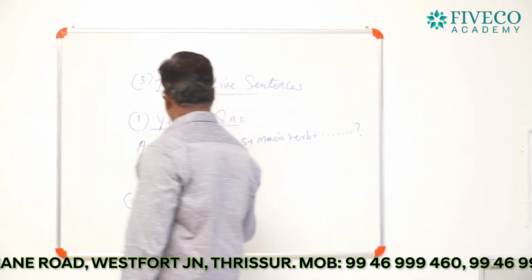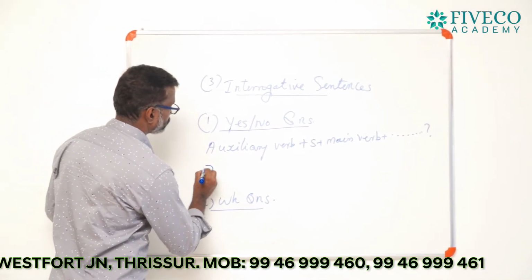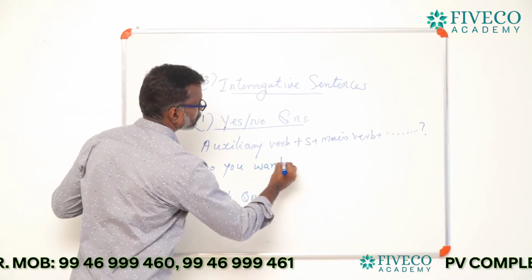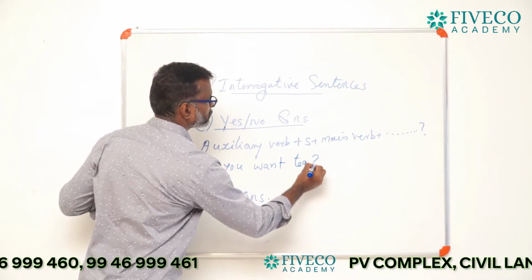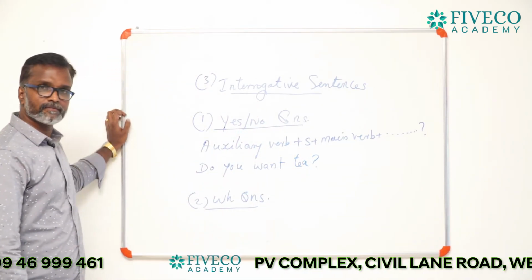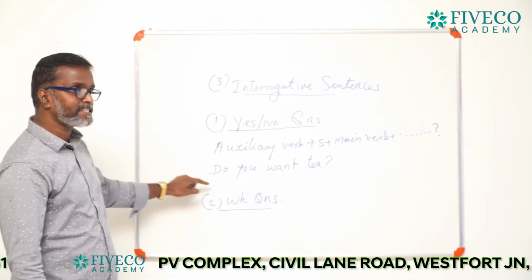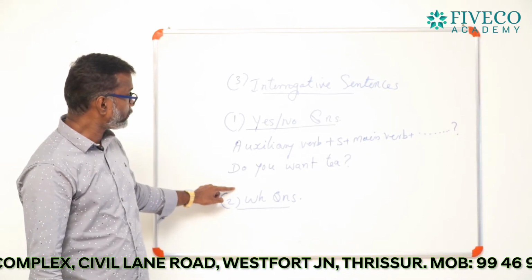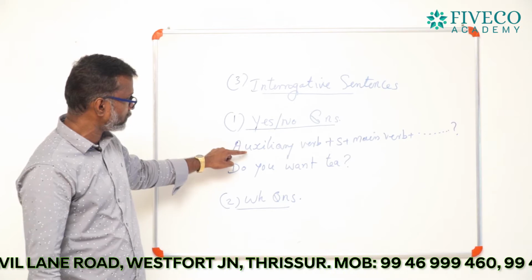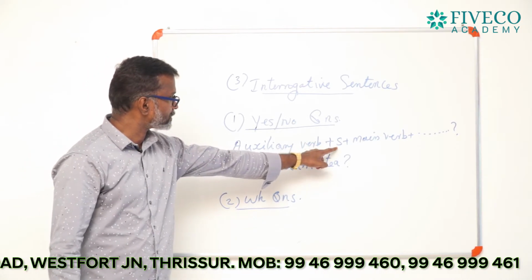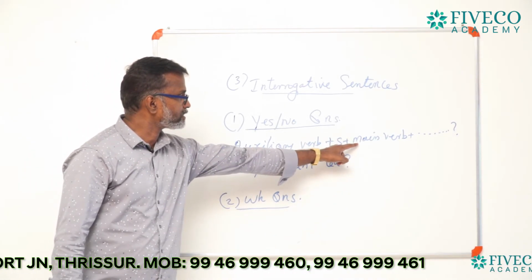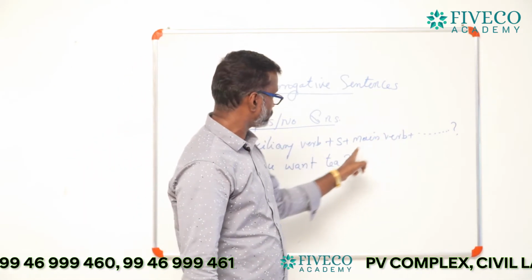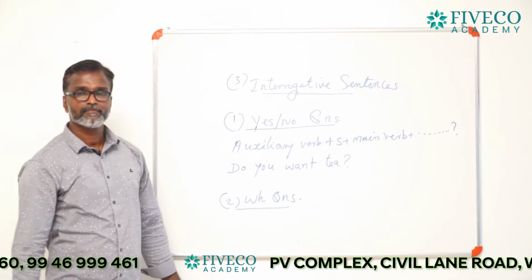Okay, I shall give you one example. Do you want tea? Do you want tea? Just analyze this yes or no question. Here do is the auxiliary verb, you is the subject, want is the main verb, and the remaining portion of the sentence is tea.